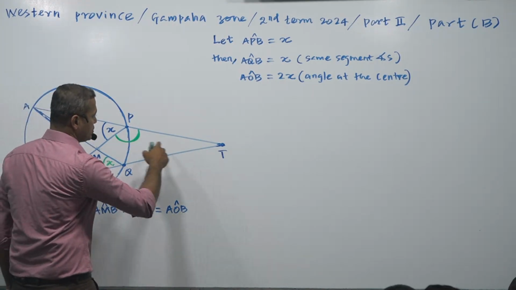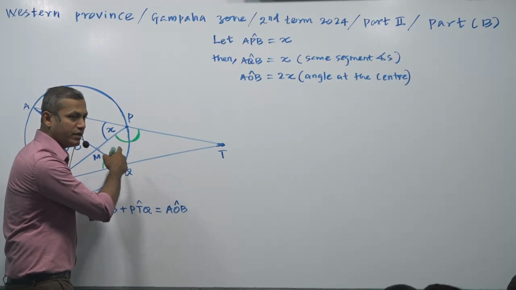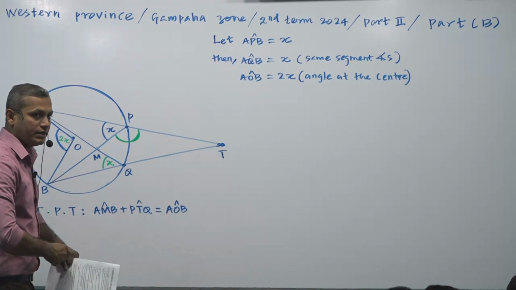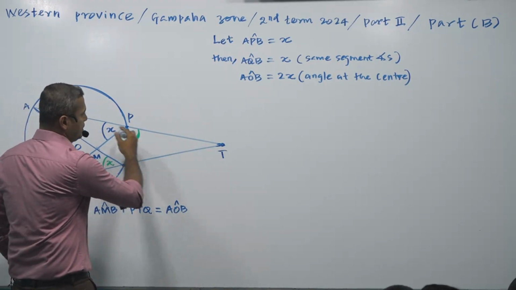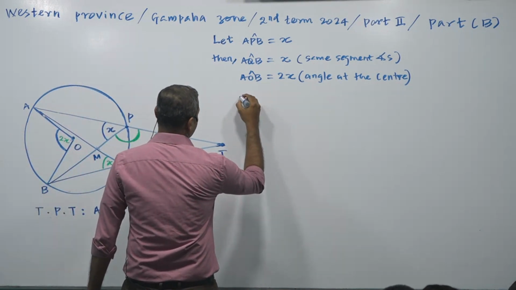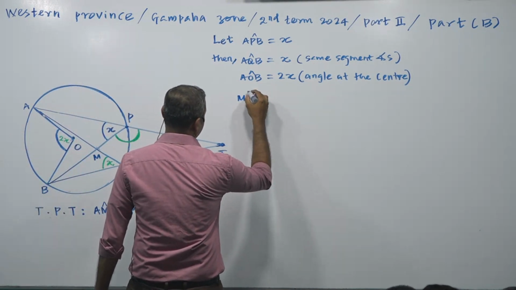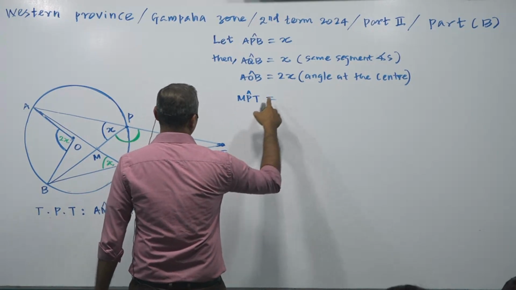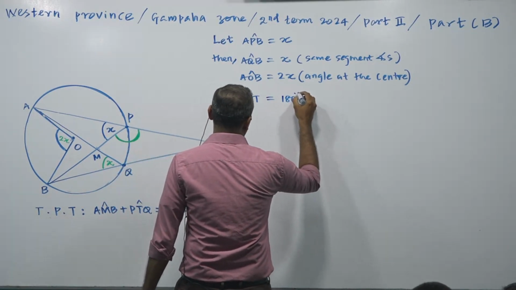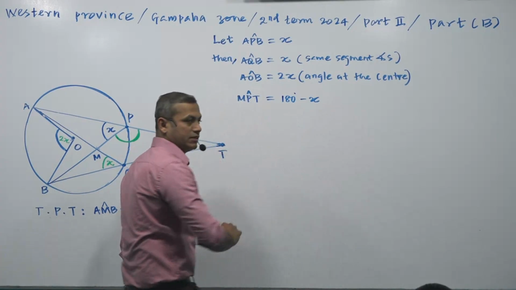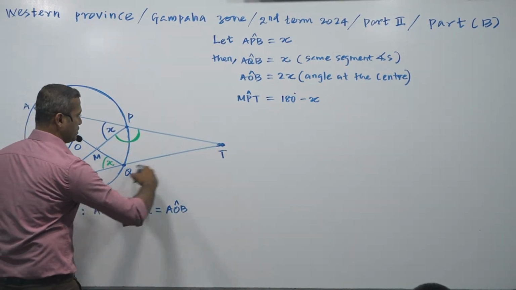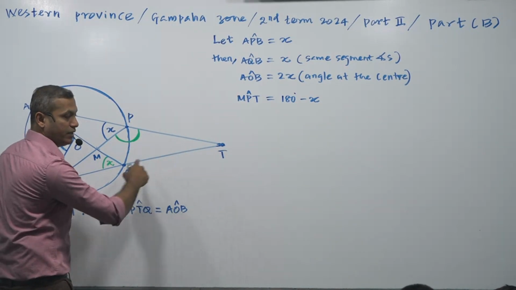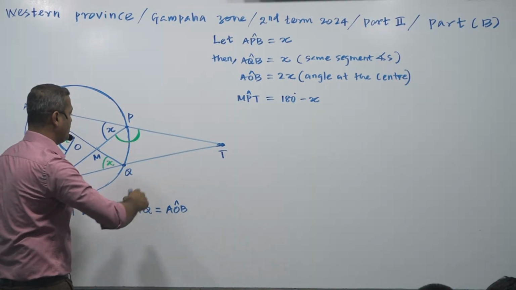Why? Because in a straight line the sum of adjacent angles is 180. So we can write MPT is equal to 180 minus x.